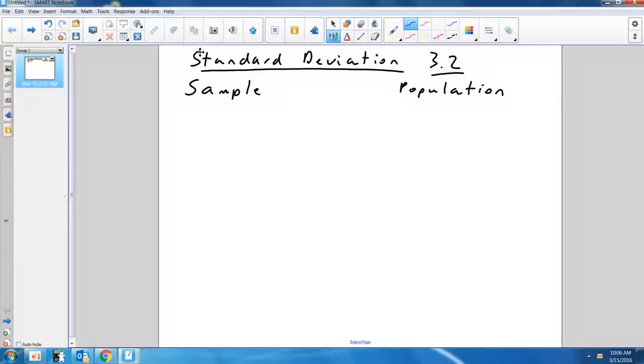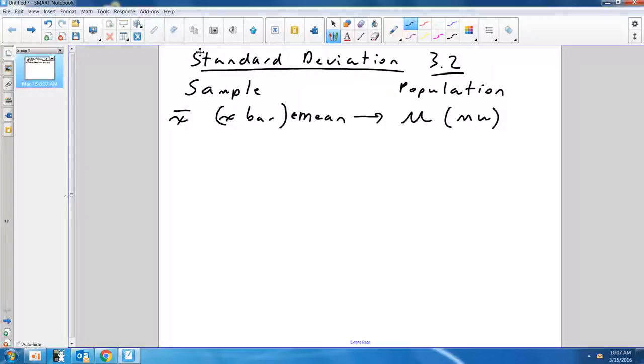We know that the mean value for a sample is going to be x bar, and for the population mean, that is going to be the symbol mu. The calculation of those means is exactly the same. There's nothing different with that.